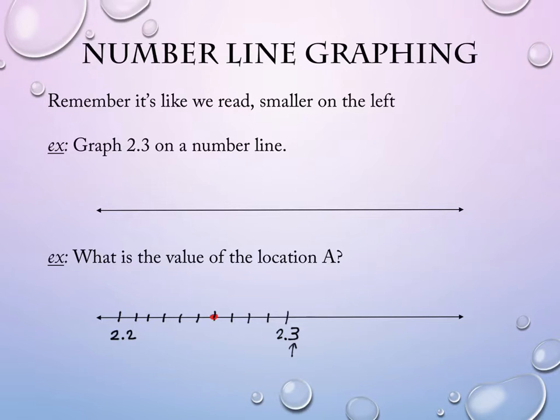So on our number line, if we're trying to graph, like on this one, the number 2.3, we need the number 2. And we need somewhere over here the number 3, right? Because 2.3 is going to be in between them. So we can actually partition it off. So here's 1, 2, 3, 4, 5, 6, 7, 8, 9, and 10 would be the number 3.